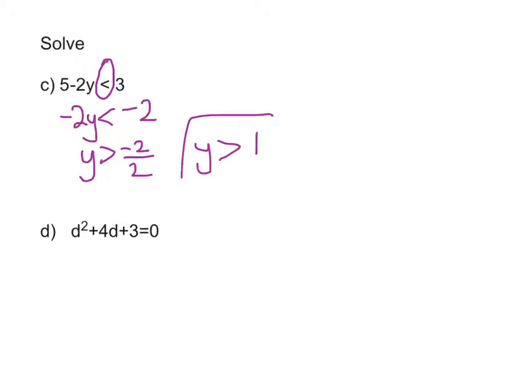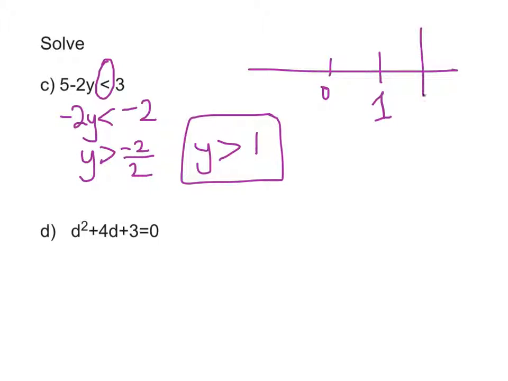Right, now it's always good to check your solutions to equations, but it's especially good when you've got an inequality. And I like to do a wee number line. So there's my 1 on my number line. So let's pop in a value of y that's a little bit bigger than 1. So let's think about what happens when y is 2.